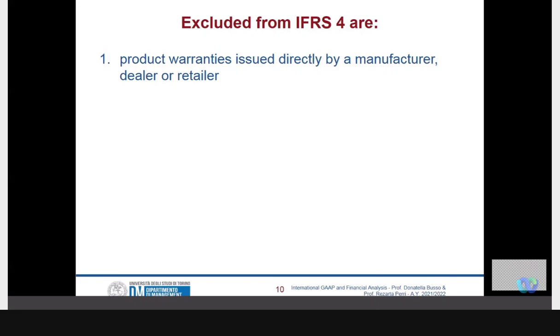The standard about provisions is very specific: in your activity, you have to make provisions for product warranties, provisions for contingent events, and so on. So product warranties are not insurance contracts. Why? Not because they do not fulfill the criteria, but because they are already covered in another standard, and that is the standard about provisions.